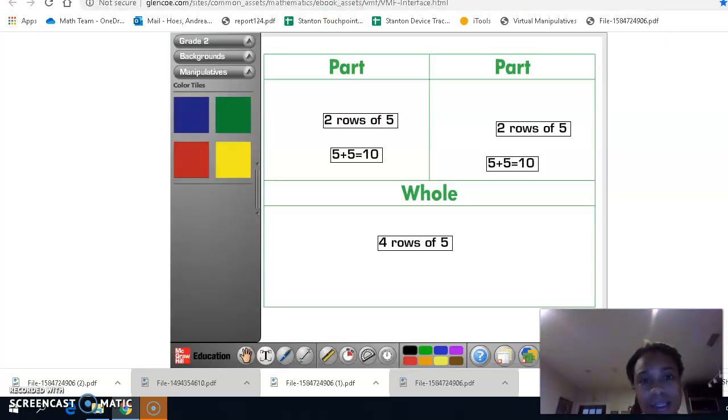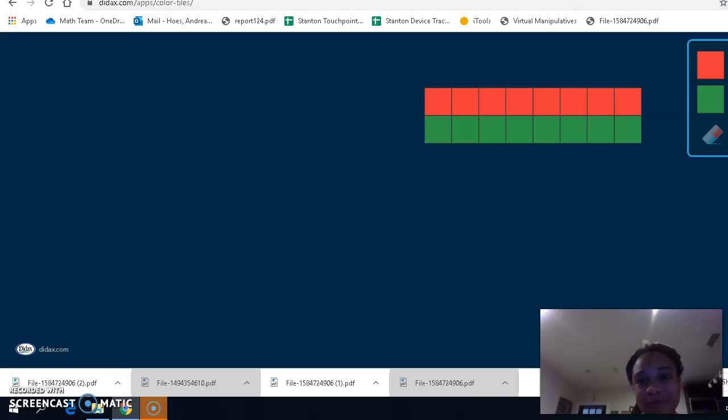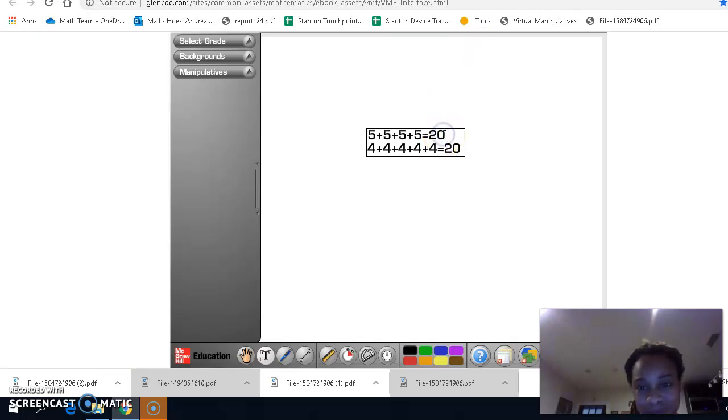So that means we have 8 columns of 2. So that means we have 2 plus 2 plus 2 plus 2 plus 2 plus 2 plus 2, one more, plus 2 equals 16.